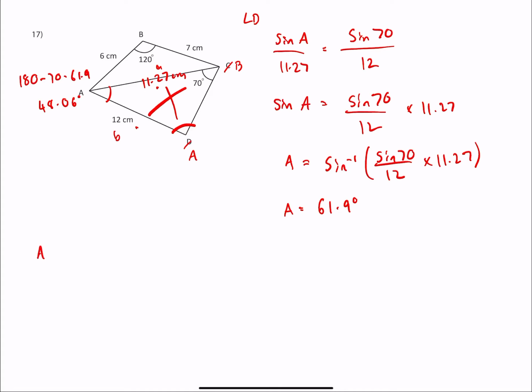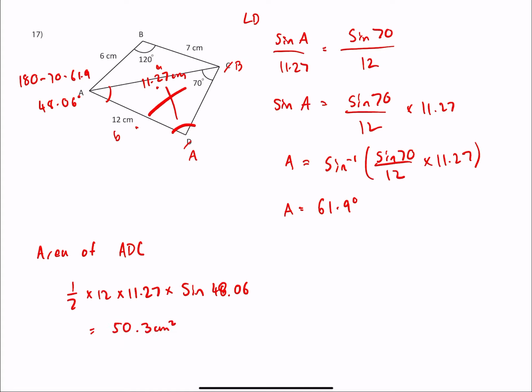So the area of ADC is going to be half times 12 times 11.27 times sine 48.06, which is 50.3 centimeters squared.